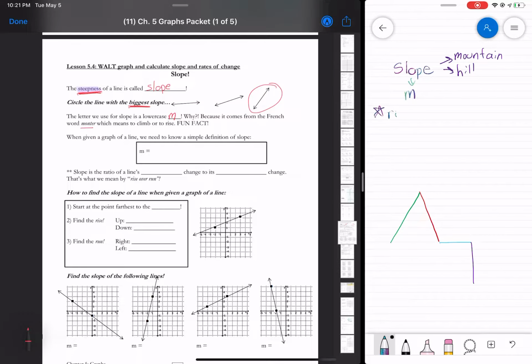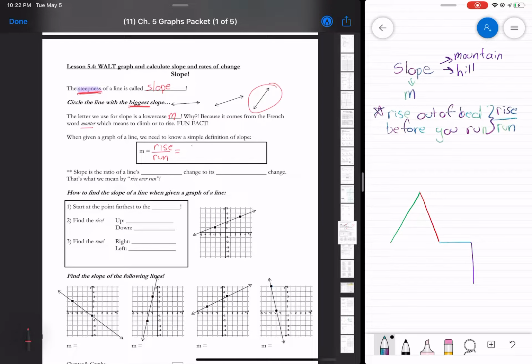You want to rise out of bed before you run. Because what this is going to help us remember is rise over run. When we want to count slope or calculate slope, whatever the case is, we always do rise over run.